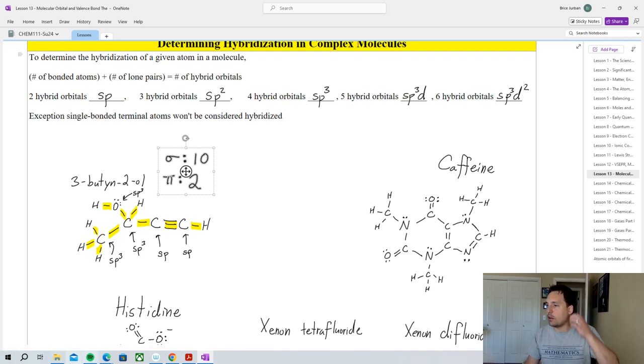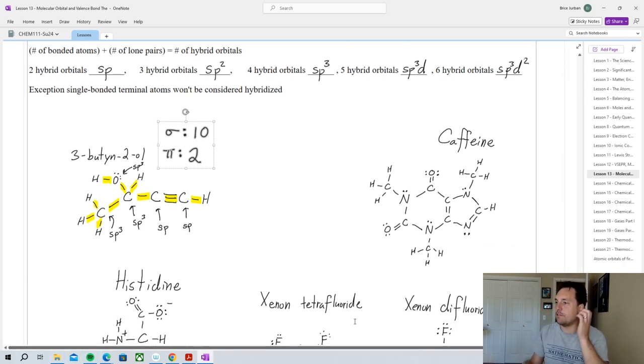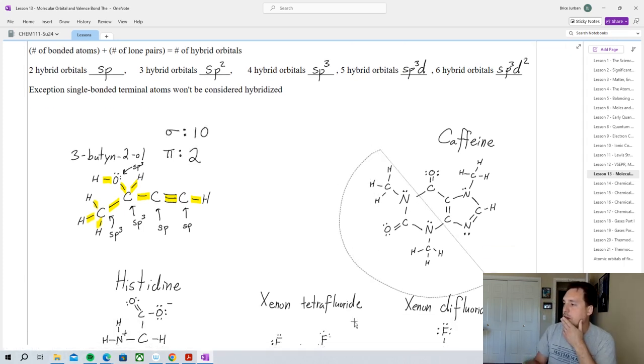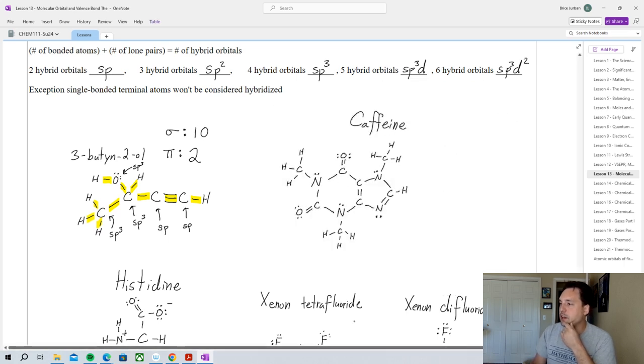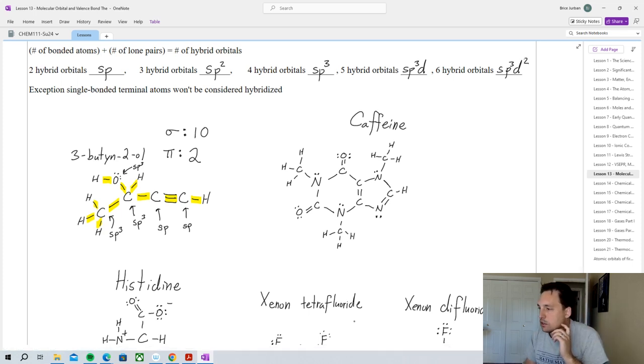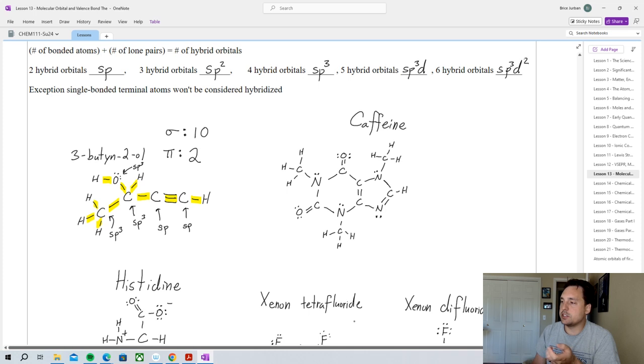All right, the next molecule I have for us to look at is caffeine. So caffeine is a little more complex. It's got a lot of nitrogens and oxygens and carbons and hydrogens. So let's start by looking at some of the hybridizations on these terminal carbons.